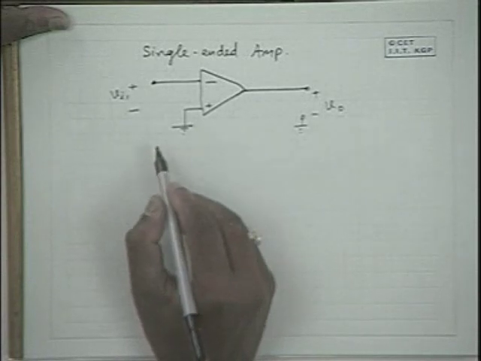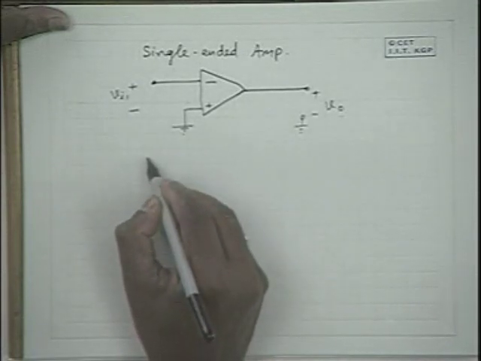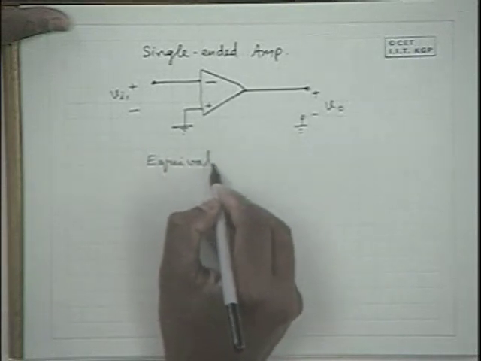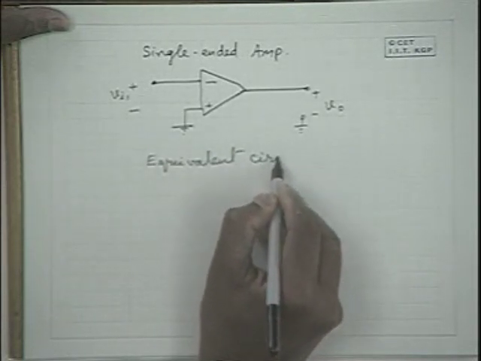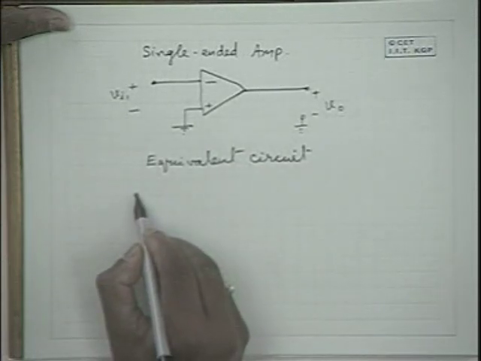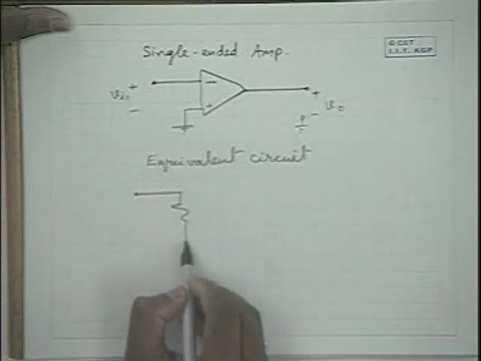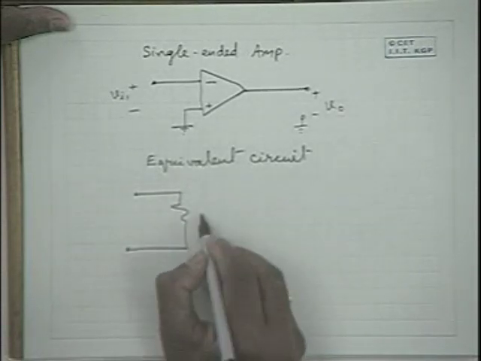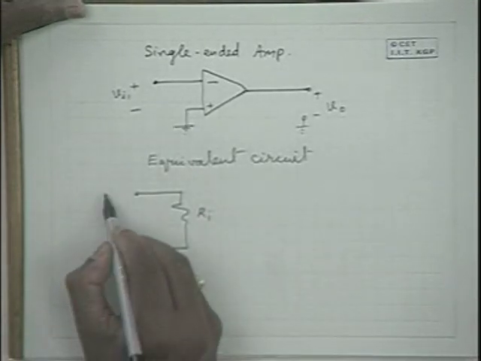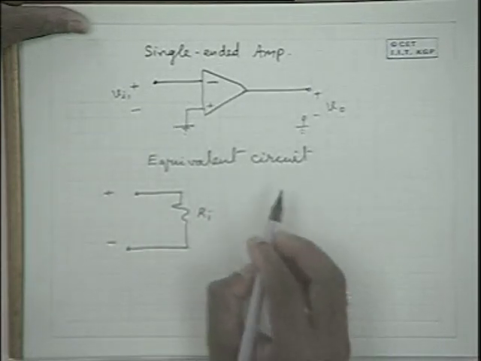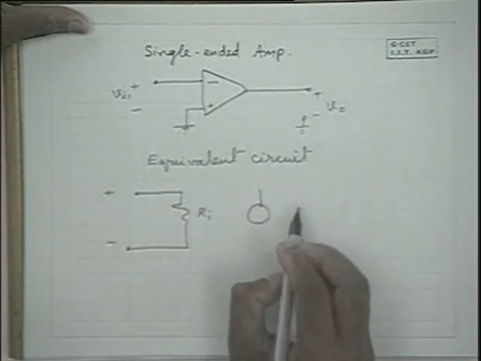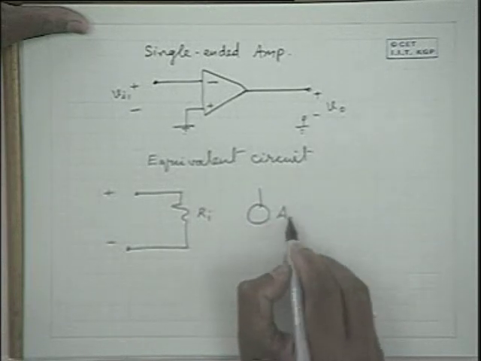Now, for analytical purposes, the equivalent circuit is as follows. Like any amplifier, between the two differential inputs it has a differential input resistance Ri, and it amplifies the signal with a high voltage gain.